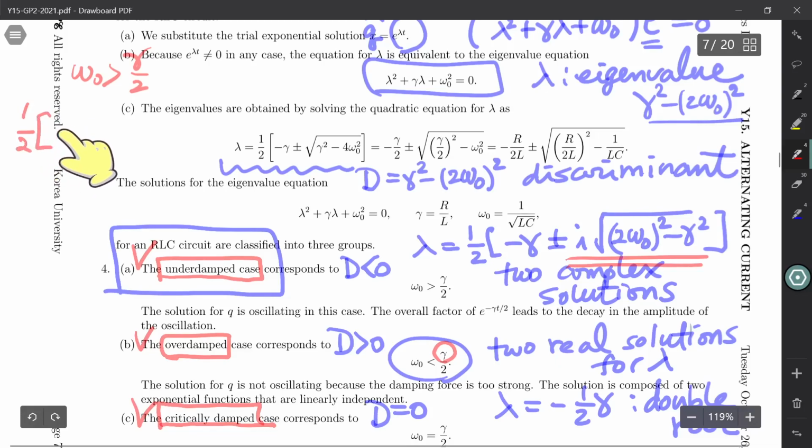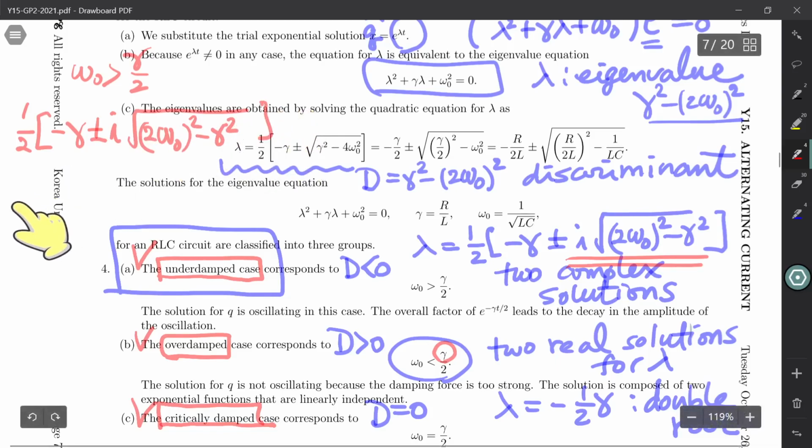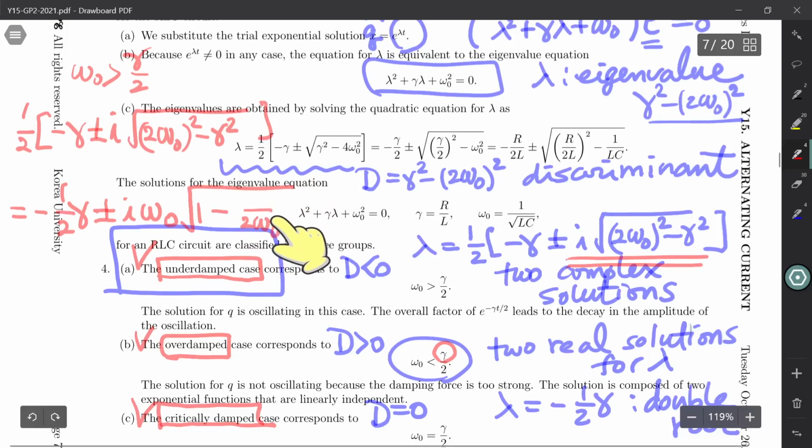Lambda equals minus 1/2 gamma plus minus i square root of omega 0 squared minus gamma squared over 4. This is minus 1/2 gamma plus minus i omega 0 times square root of 1 minus gamma over 2 omega 0 squared. We call this omega prime.